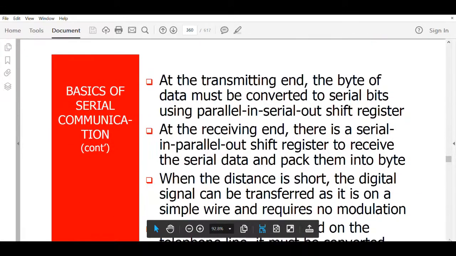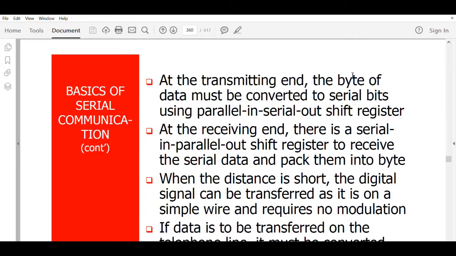So at the transmitting end, if you have bytes of data, and you are going to transfer through serial communication mode, then you have to convert this particular byte into bits and then transmit it one bit at a time. So for that, it should be converted to serial bits using the parallel in serial out shift register.